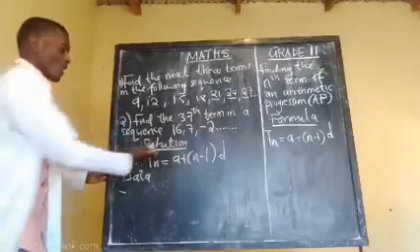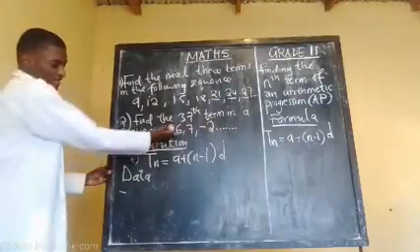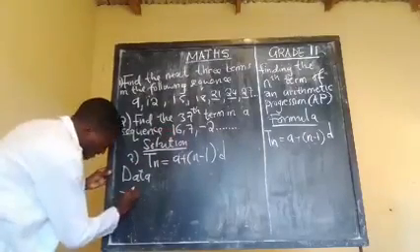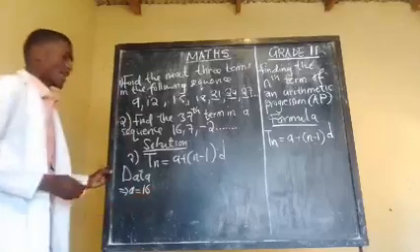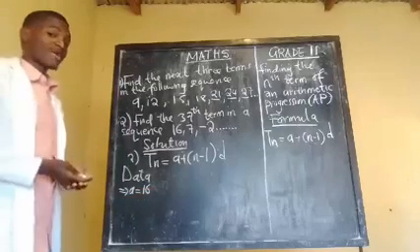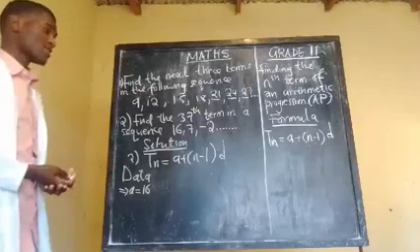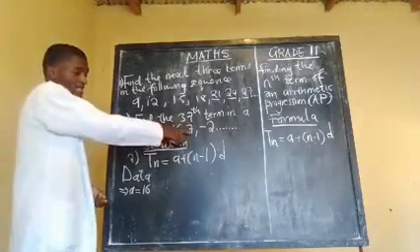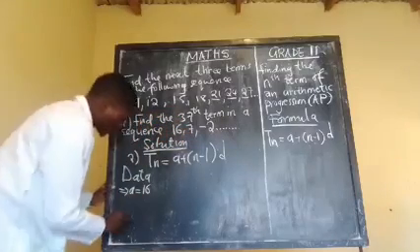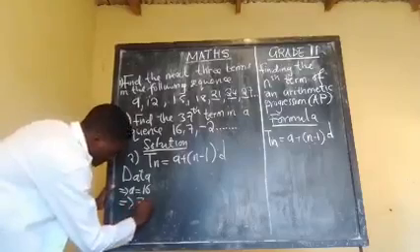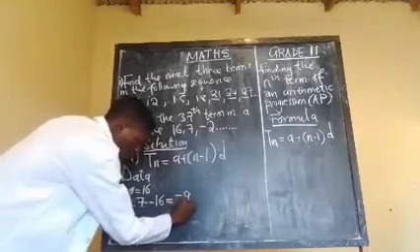Okay. What is our first term in this sequence? You can see that our first term is 16. So a is equal to 16. Okay, now what is our common difference? For us to find the common difference, we can subtract the previous term, 16, from 7. So we are saying 7 minus 16, which is equal to negative 9.